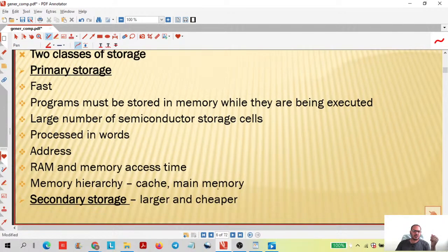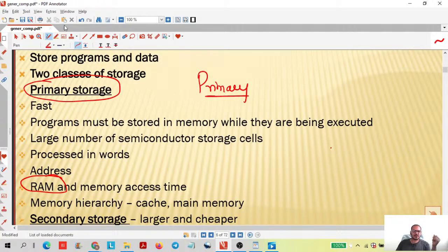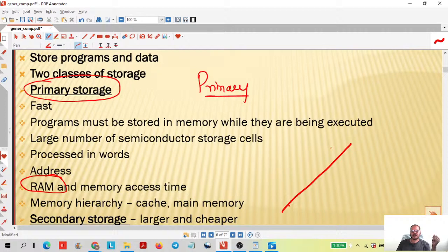Then in the memory we have the primary memory and secondary memory. The primary memory is random access memory, and there are various levels of hierarchy.